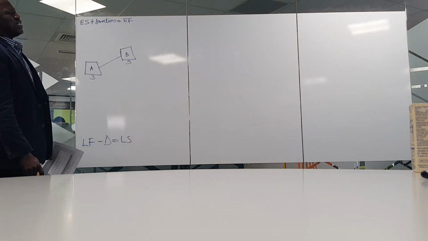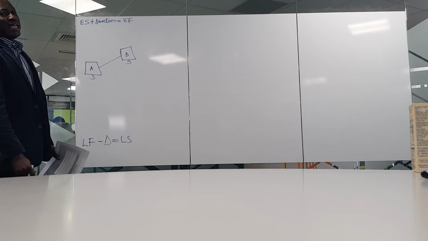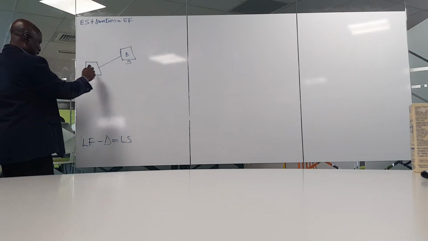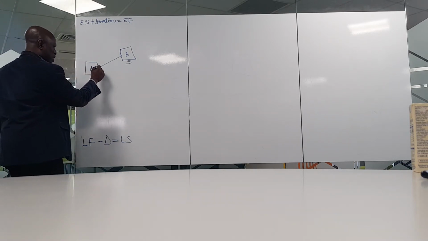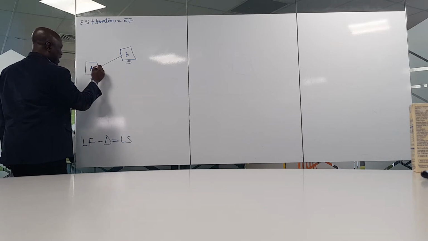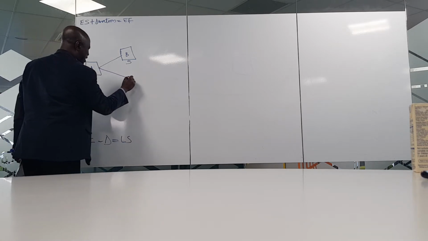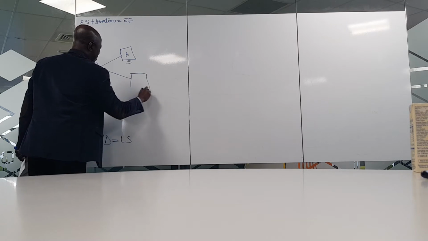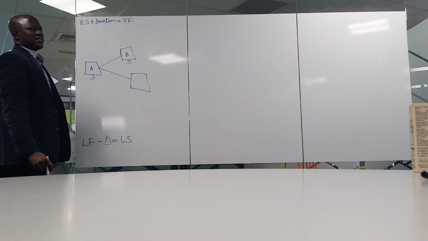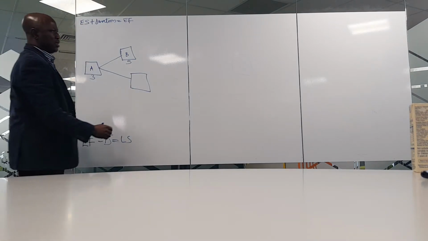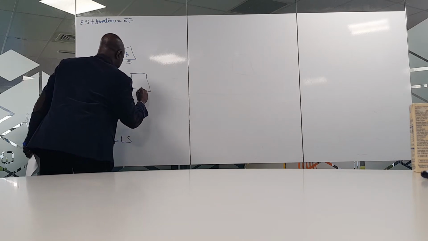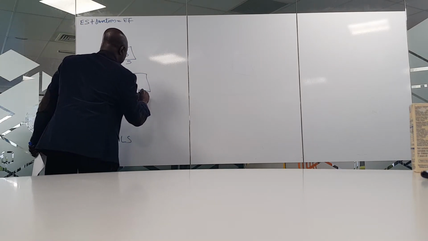Now we go to C. C is preceded by A. This is our A. C will take off from A, just like B. So we can draw it here. How many days? 7. Are we sure? 7, yes. 7 days.